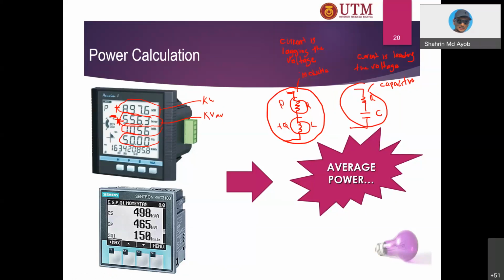For our ceiling fan, is it a capacitive load or an inductive load? Our blender, our lamp, lighting, is it capacitive or inductive? So the total of our loads inside our home will determine what type of load our house is.